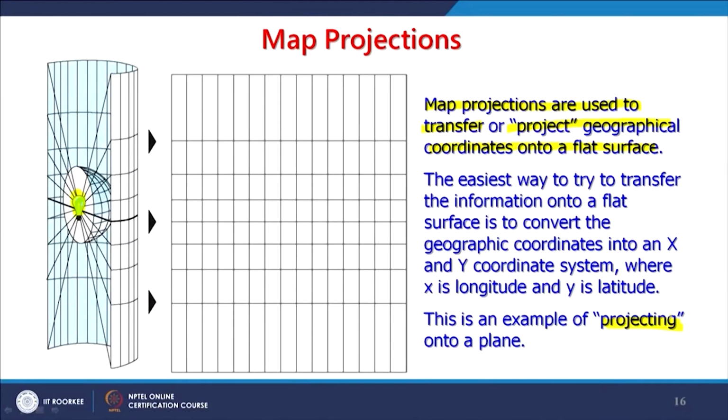Most of the time when we handle the data, we display it in geographic coordinates, so it is not projected. But whenever you go for calculations or estimations of distance, perimeter, or area, it is better to project the data onto a plane and then do those measurements, and you would get the correct results.